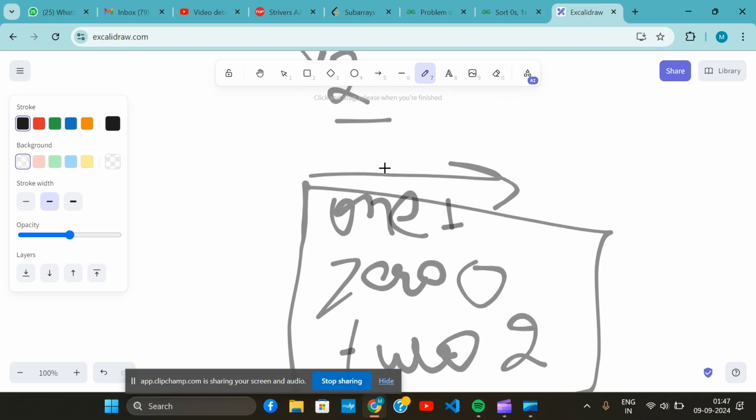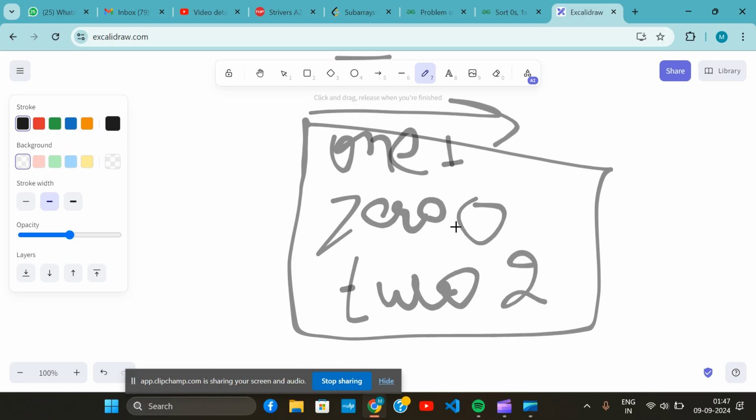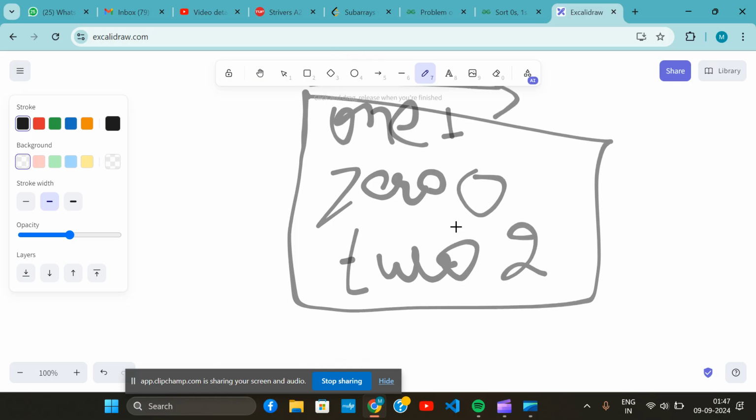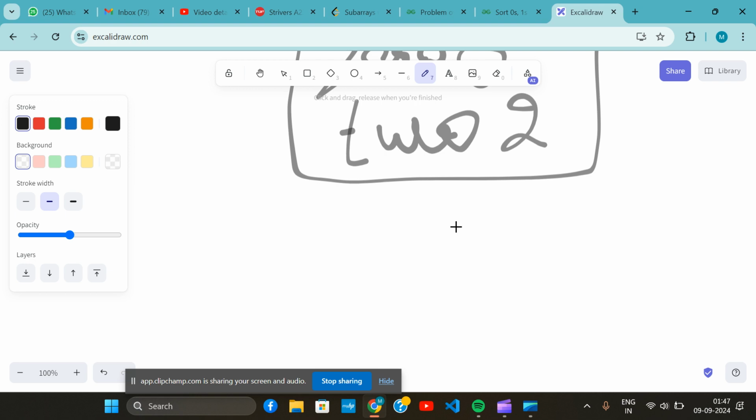So we can traverse the whole array and count the number of ones, zeros, and twos.